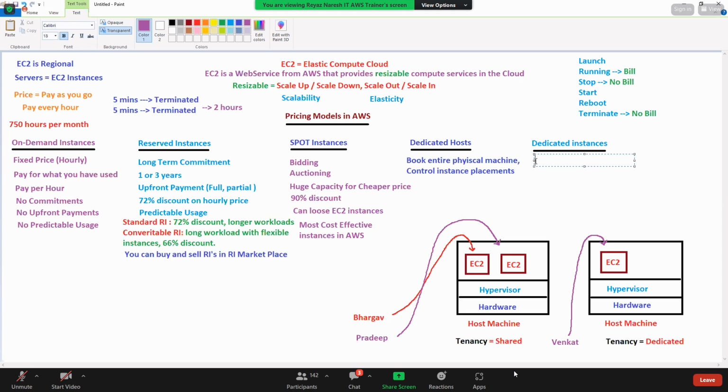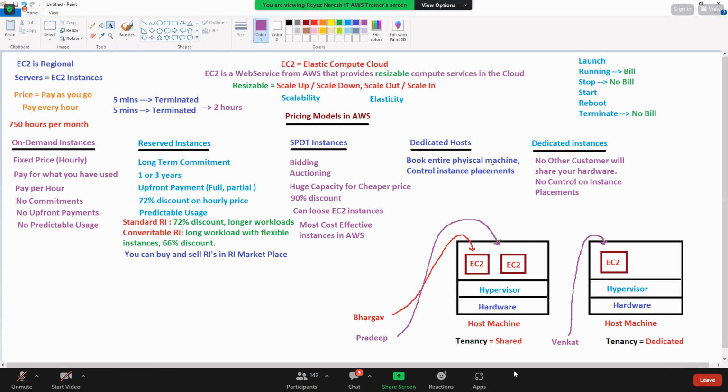In which method can you control the placements? Dedicated host. But in dedicated instances, can you control the placements? No. But do you have the dedicated hardware? Yes. So with dedicated instances, no other customer will share your hardware, but there is no control on instance placements. Clear?